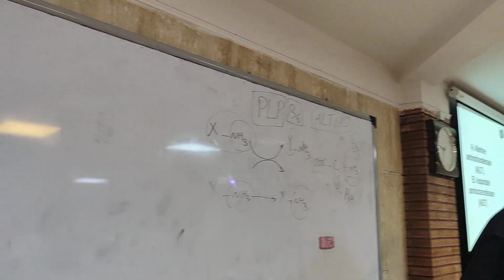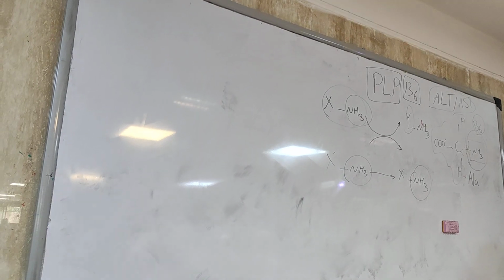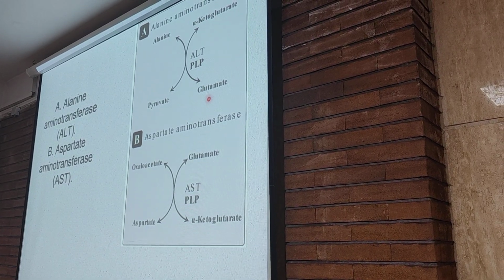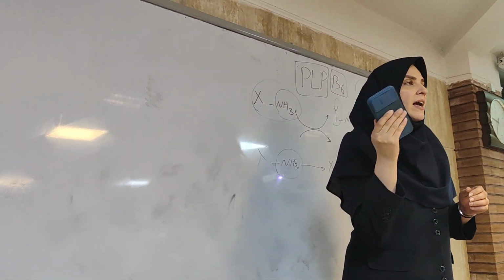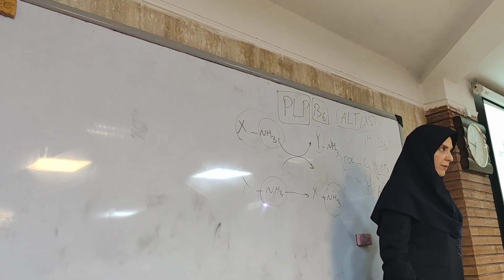It means that during the catabolism of each kind of amino acid, alpha ketoglutarate receives the amine and converts to glutamate. Now, for example, I'm glutamate. This is the amine group. And I'm alpha ketoglutarate.